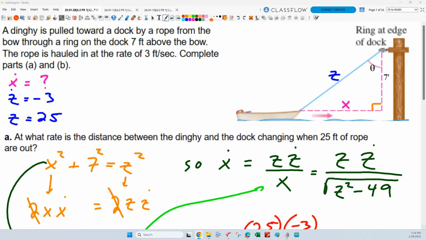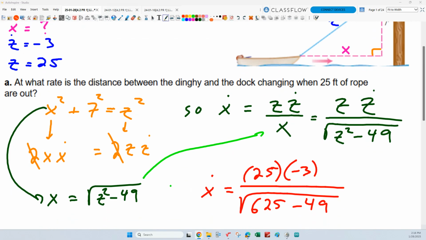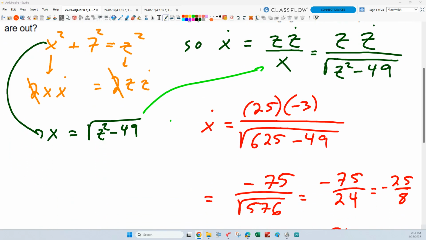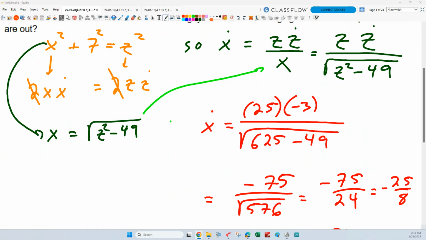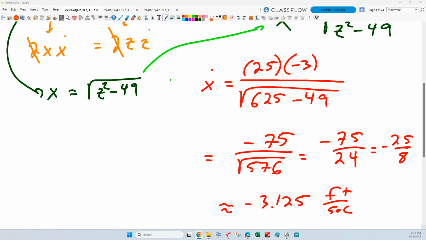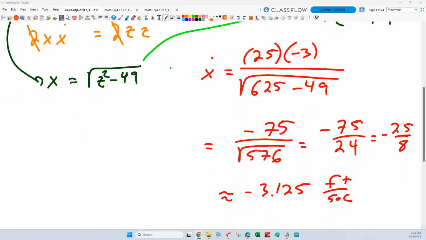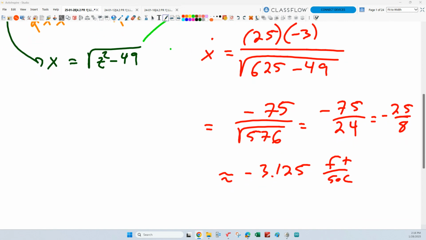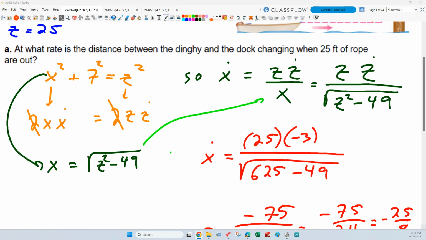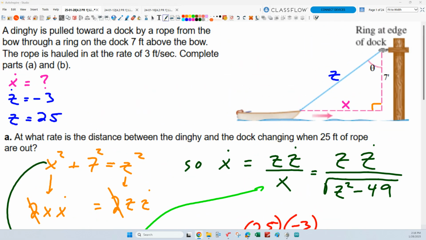Okay, so how fast is... Yeah, it's going to get closer to 0 or this. Yeah, something seems a little goofy here. Wait, shouldn't it be negative?